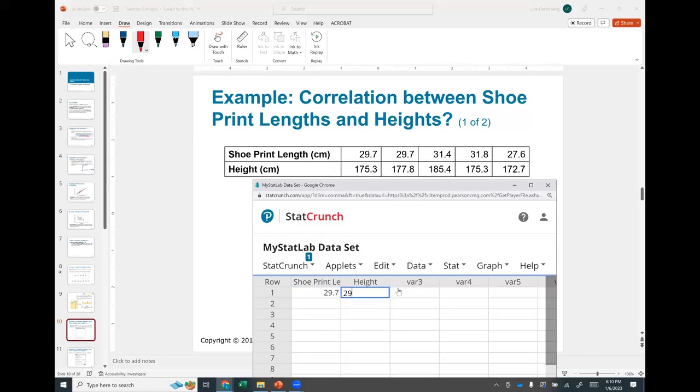I'm just going to put them all in a row, 29.7, 31.4. Oh, I can't. Never mind. I can't do that. Height is 175.3. I have 29.7 and height is 177.8. I have 31.4 and that goes with 185.4.